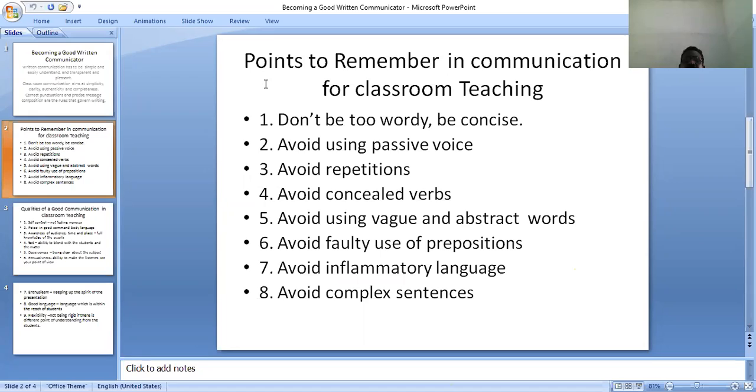Vague means the sentence gives two meanings or vulgar meanings, and you should not use abstract words. Avoid faulty use of prepositions. Avoid inflammatory language. Avoid complex sentences.